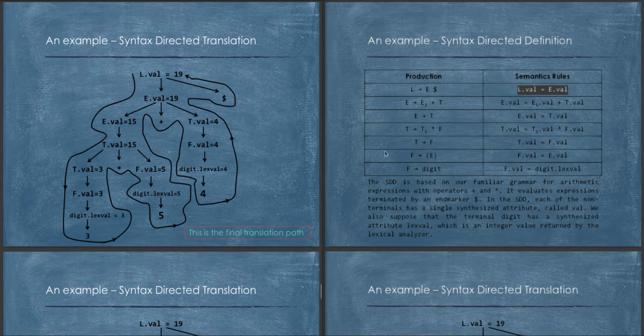We have found out a definition from our existing syntax, and using that definition we have translated our input 3 multiplied by 5 plus 4 to a syntax directed translation. So the full meaning of the expression 3 multiplied by 5 plus 4 is equal to 19. So we have calculated the semantics.